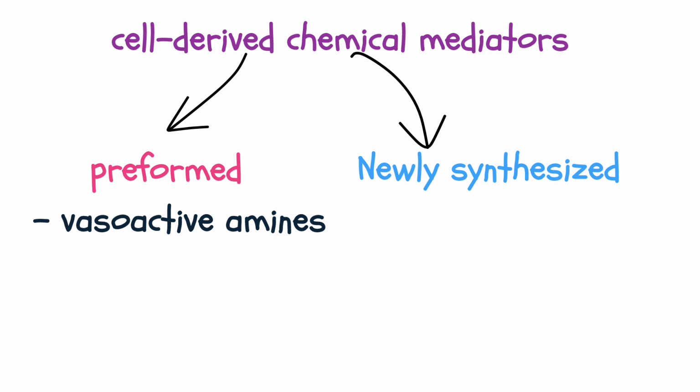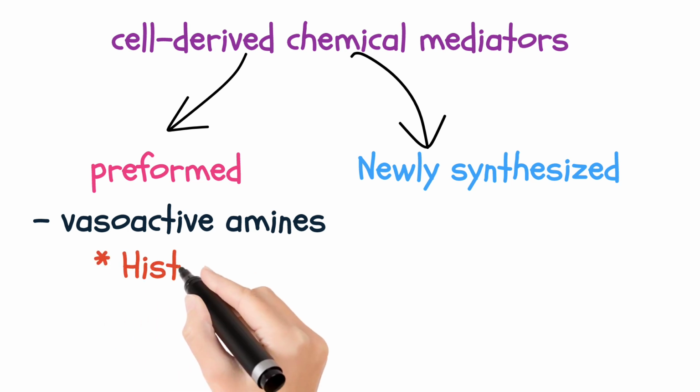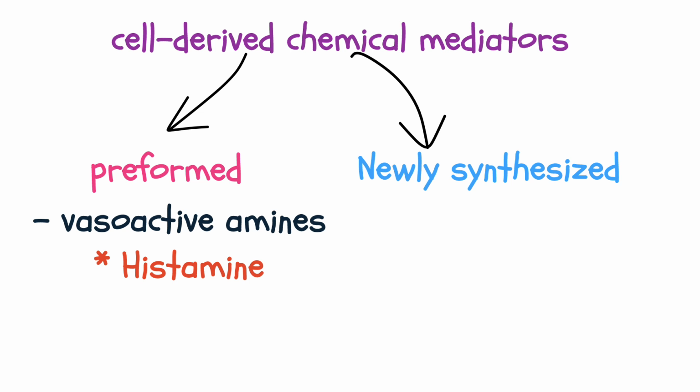Example of vasoactive amines, we have histamine. Histamine is widely distributed in tissues and is stored mainly in the granules of mast cells, but also in circulating basophils and platelets.